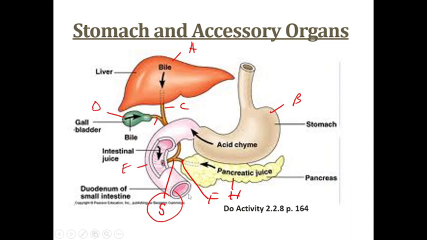Let's say I ask you a question. Which substance or substances secreted by organ H enable us to control our blood glucose levels? Insulin and glucagon.